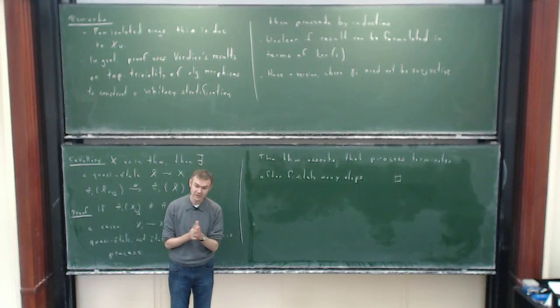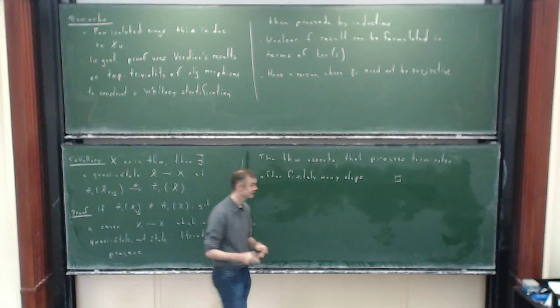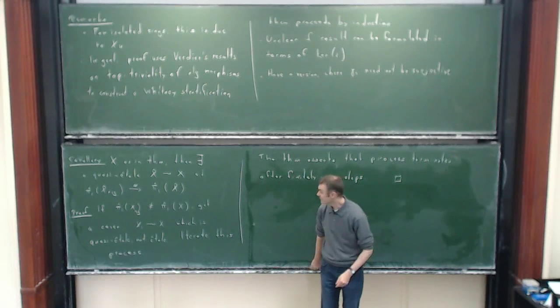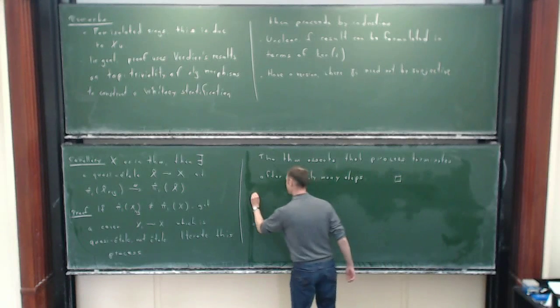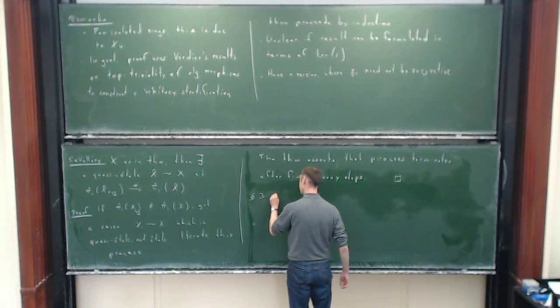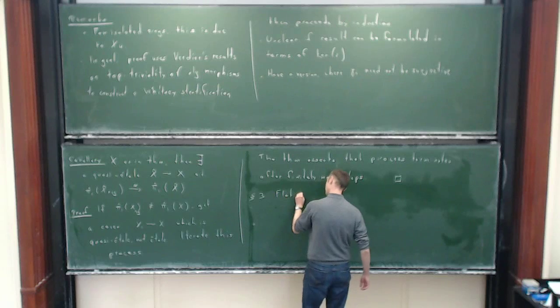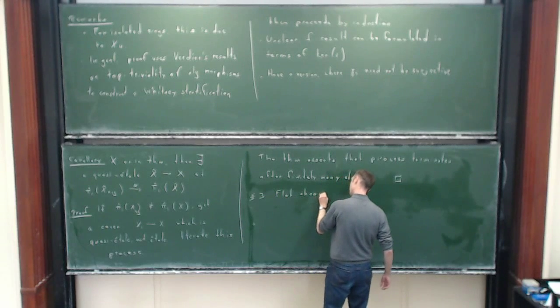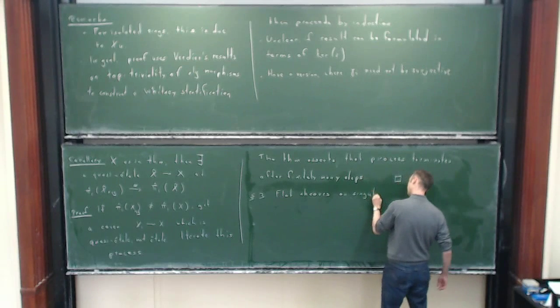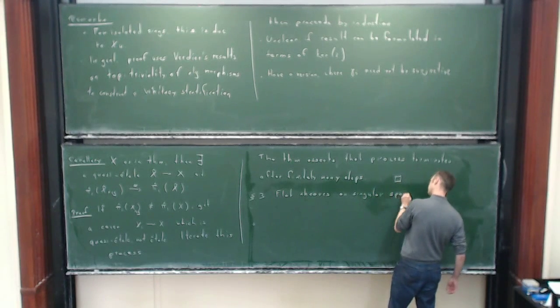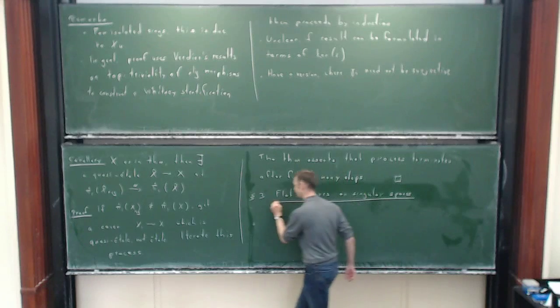And for that, I need to discuss flat sheaves on singular spaces. So this is the next section of my talk, which is, I lost track, this is 3. Flat sheaves on singular spaces.